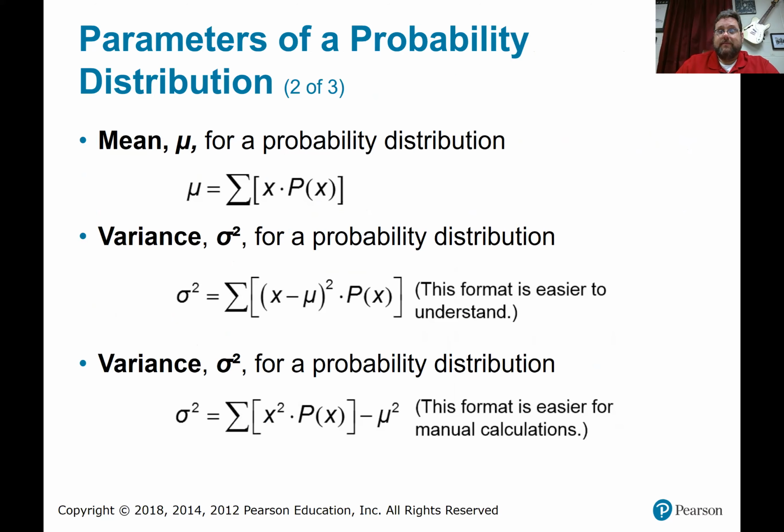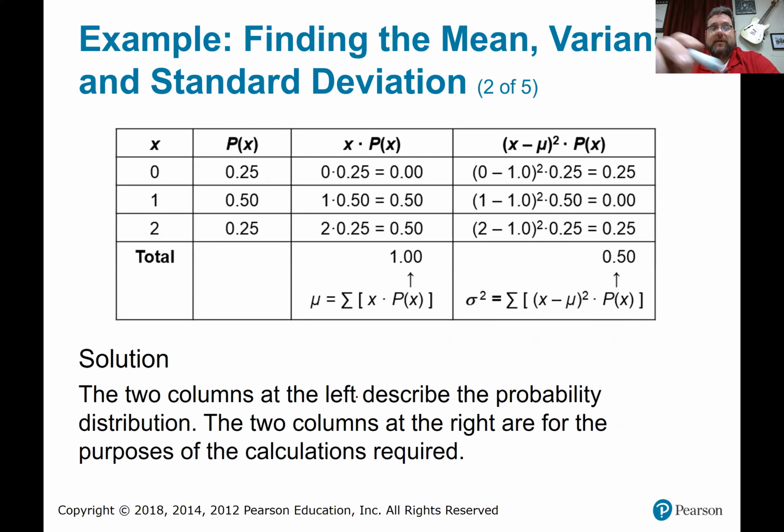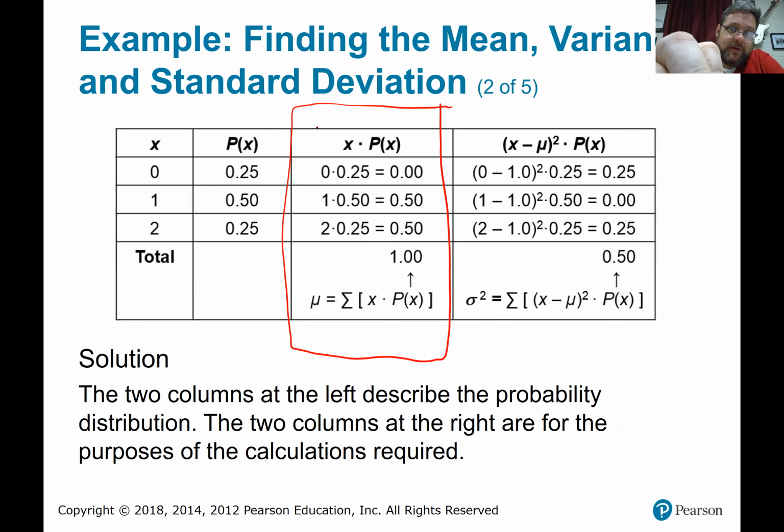Like I just said, here's your mean. If we wanted to calculate that mean, here's our chart we were using a minute ago. 0 heads has 0.25, one head is 0.50, and the probability of two heads is 0.25. So to find the mean, this is the one we're looking at right here.